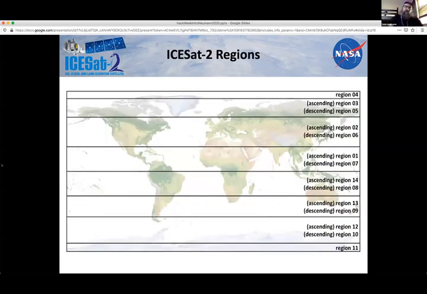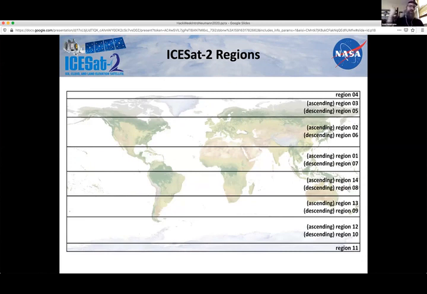The data in ATL03 is massive. It's way too big to have a single revolution around the Earth be a data product granule. So we've broken the product up into 14 individual regions. Region 1 starts off at the equator heading northward, wrapping all the way around until region 14 is the part of the Earth where the spacecraft is just approaching the equator again.